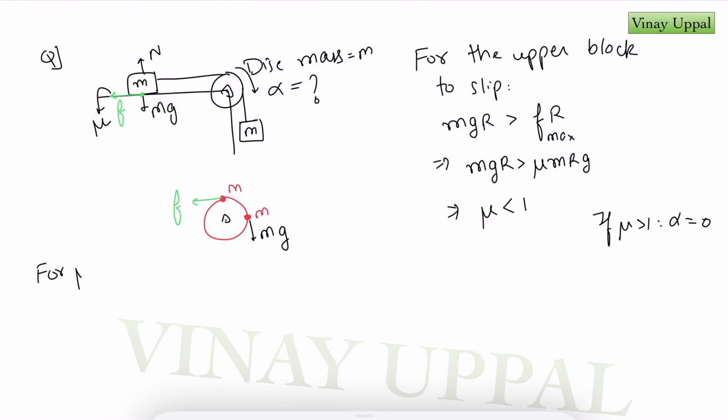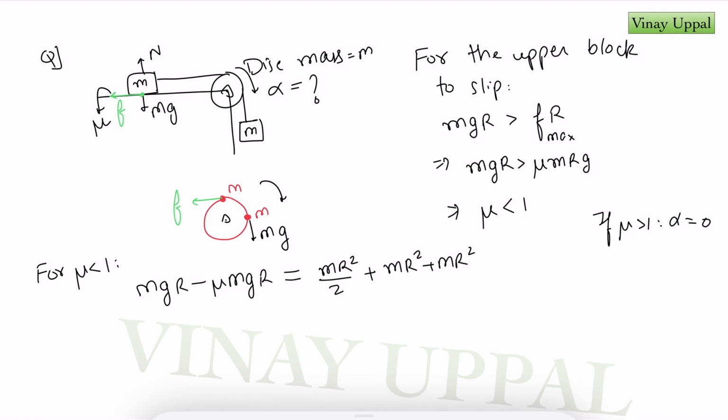So for mu less than 1, my net torque in the clockwise direction would be mg into r minus friction into r. Now here friction will be the kinetic friction. So mg r minus mu mg r should be equal to moment of inertia into alpha. Moment of inertia for the disk is going to be mr squared by 2 about the hinge, and for the particles mr squared plus mr squared, because they are at a distance of r from the hinge, times alpha.